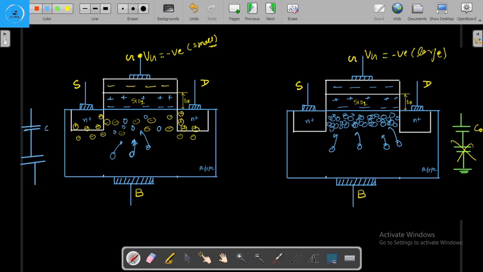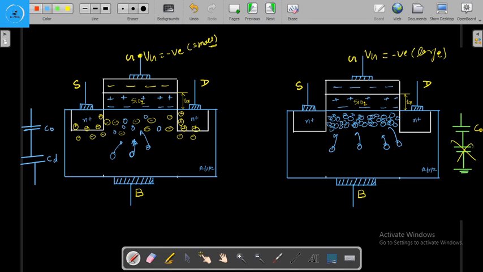So this is the gate oxide capacitance, and this is the depletion capacitance, right? So what happened here, when we are applying the gate voltage by a small negative voltage, charge polarization happens in the SiO2, silicon dioxide, because it is a good dielectric, and hence a large number of holes will be attracted from the p-type substrate, and they will be present between the source and the drain.